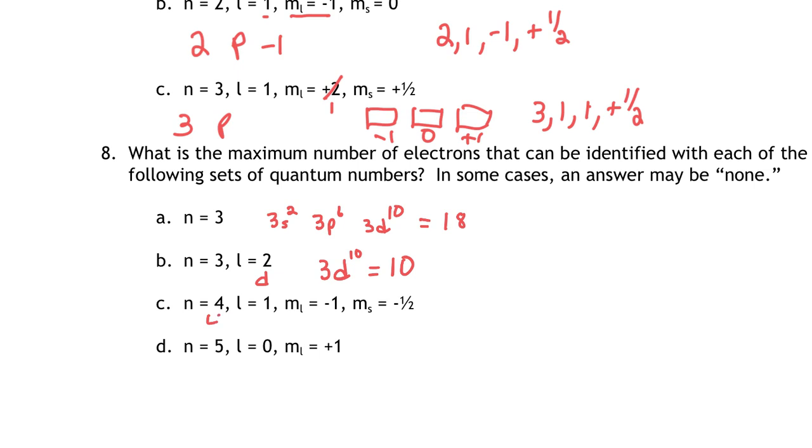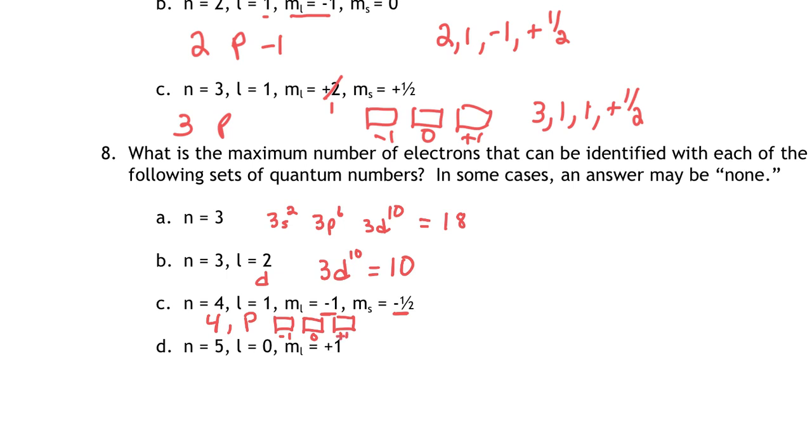We're in the fourth energy level. We're in the P block because the l is equal to 1. Now, it's telling us that we're in the -1 suborbital. And it tells us that we're looking at the downspin. So, looking at our boxes here, 0, -1, and +1.